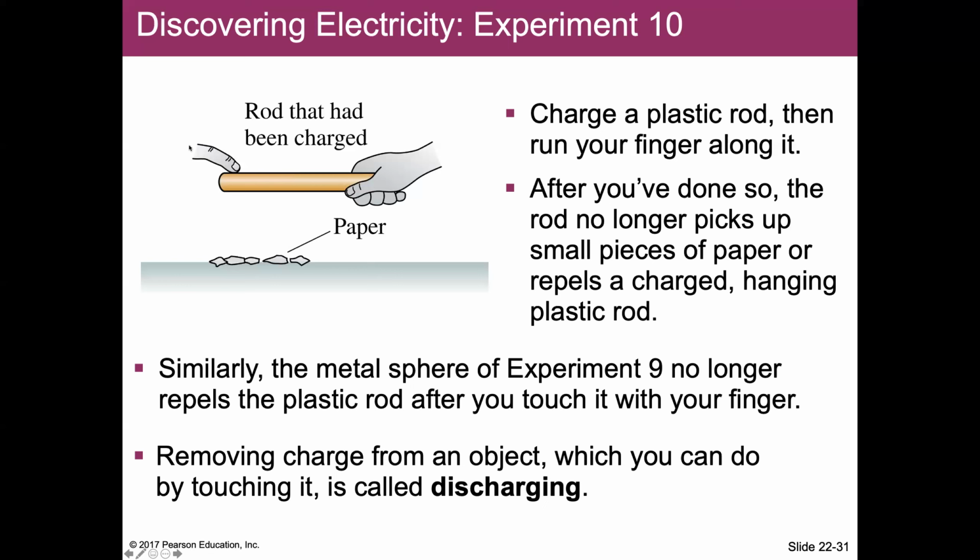So if you share the charge with the rod, your body takes almost all of the charges. Then this small rod becomes almost neutral. When it's neutral, it no longer picks up or attracts the neutral papers. Removing charge from an object, which you can do by touching it, is called discharging.